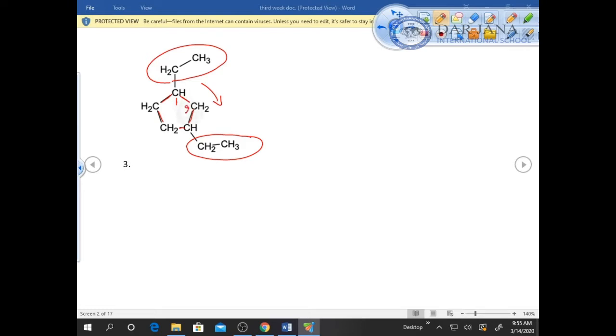So 1, 2, 3. So the name of this molecule is 1,3-diethylcyclopentane.